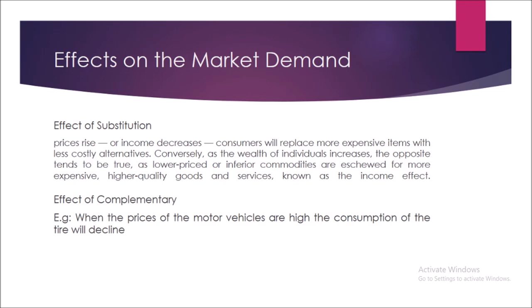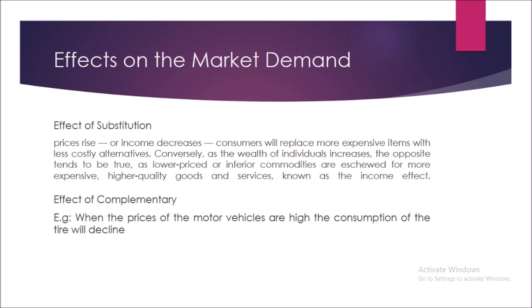If the price rises or income decreases, consumers will replace the more expensive item with less costly alternatives. As an example, if your substitution's price is less than yours, people will tend to buy that substitution because they want to reduce their costs, right?